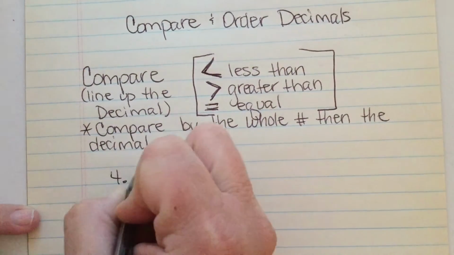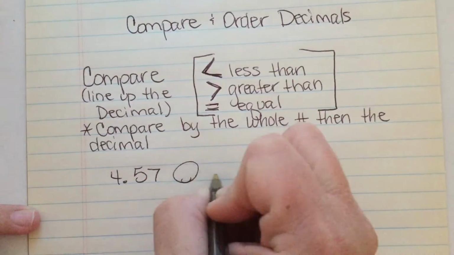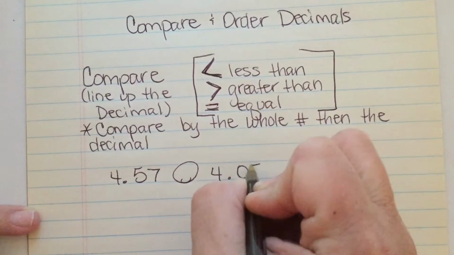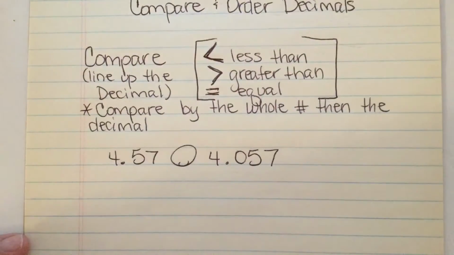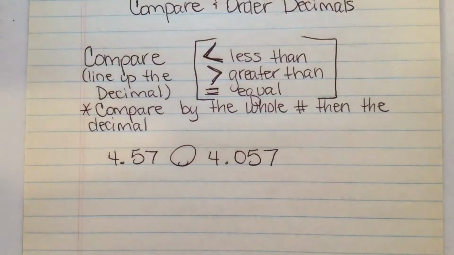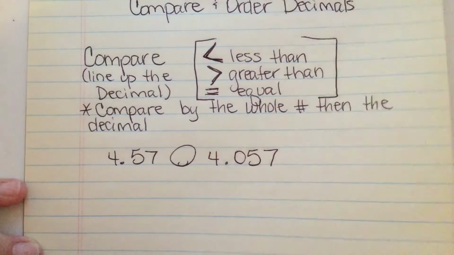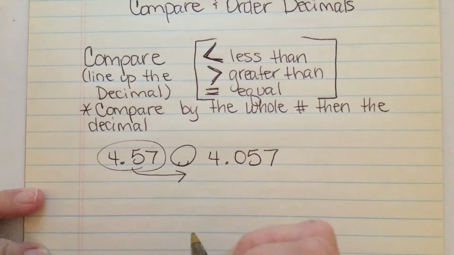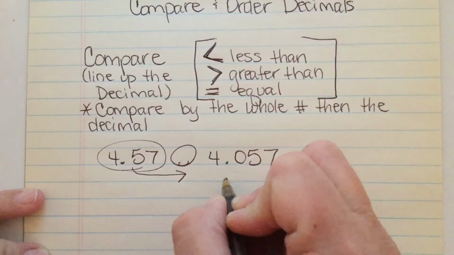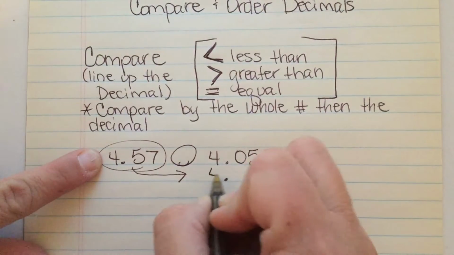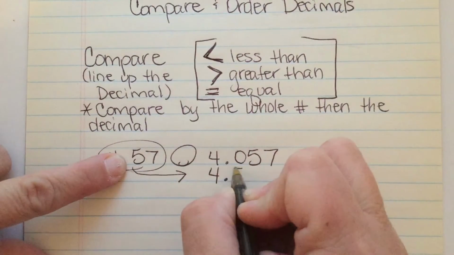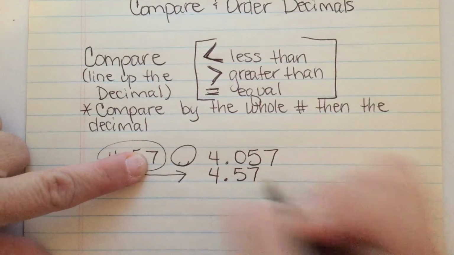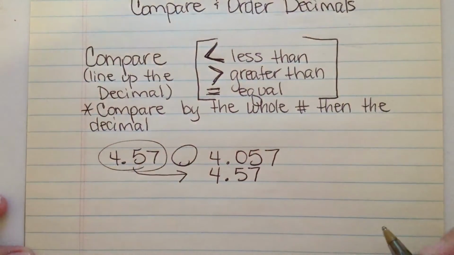So basically, you're going to line them up. If I have the example of 4 and 57/100 and 4 and 57/1000, I'm going to take one of my numbers, usually the number on the left, and I'm going to slide it over here and line up the decimal. So there's a 4 in the whole number, and then 5 is in the tenths place, 7 is in the hundredths place.